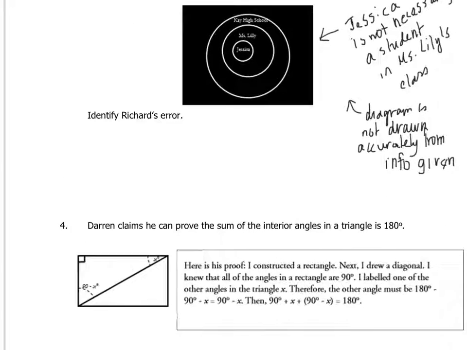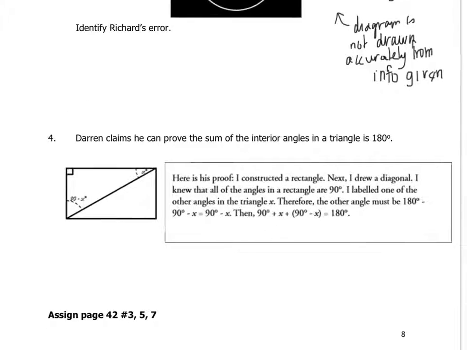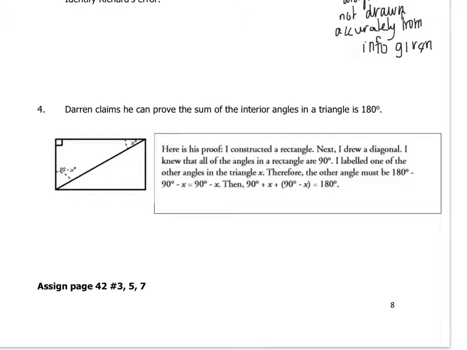Okay, the next proof has an error in it as well. Darren claims he can prove the sum of the interior angles in a triangle is 180. So here's his proof. I constructed a rectangle. Nothing wrong with that. Next I drew a diagonal. Nothing wrong with that. I knew all the angles in a rectangle are 90.